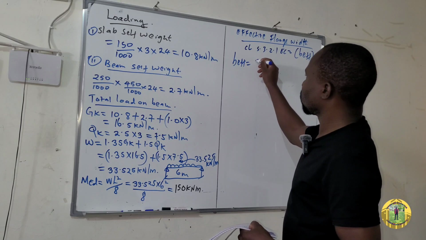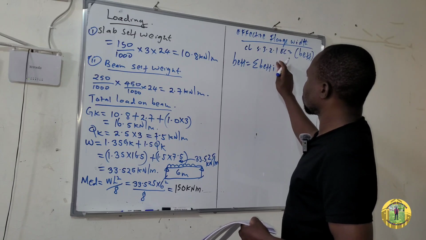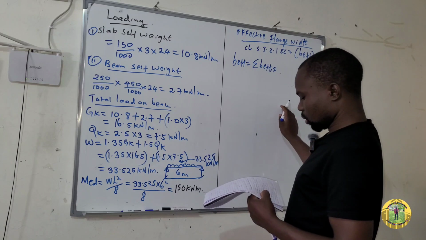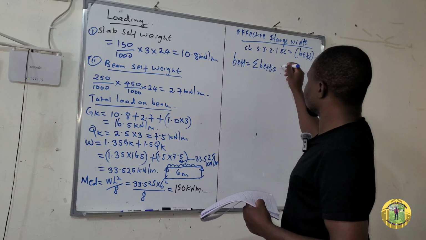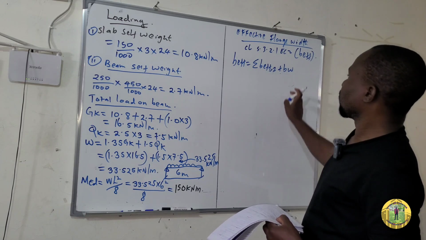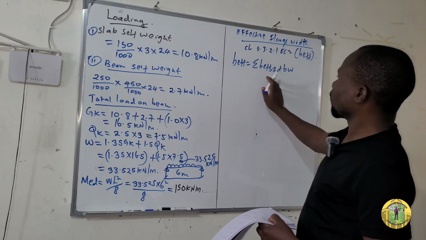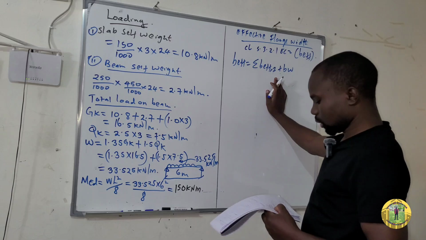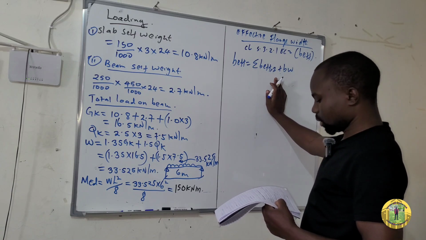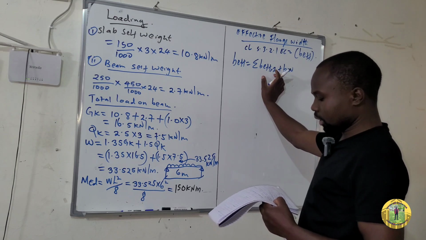is equal to summation of BEFF1 plus BW, whereby BW is the width of the web and BEFF1 is the effective width on each side of the web.